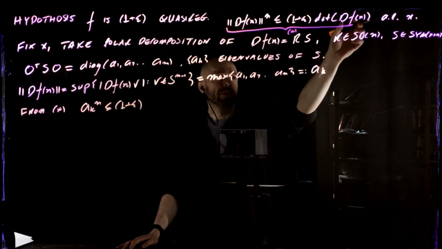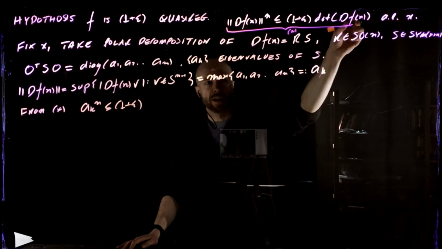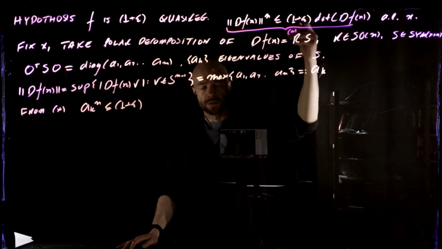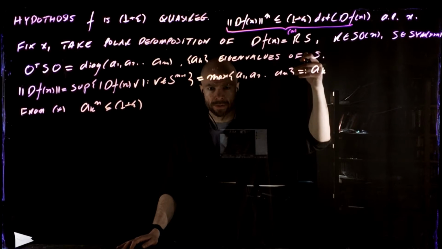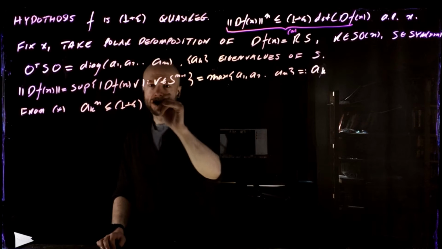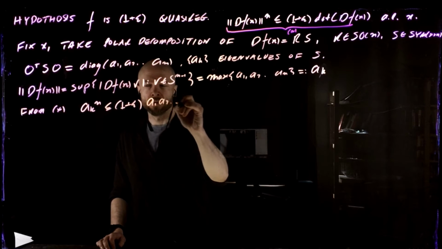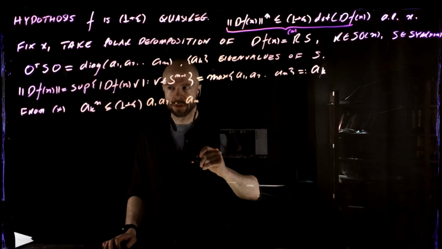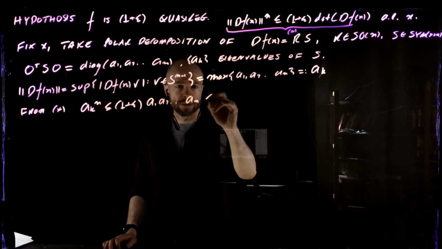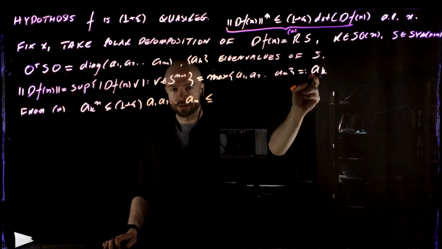But again, this guy is just a rotation times this diagonal matrix times another rotation. So the determinant is just the determinant of the diagonal matrix, which is just the product of the entries. So that's A1, A2, all the way up to AN. Cool. And AK, remember, was the biggest eigenvalue, right?